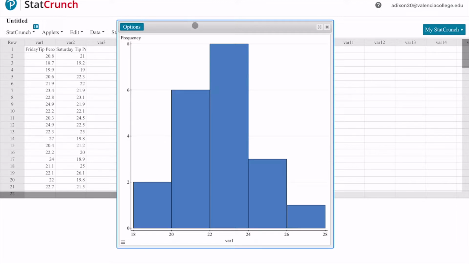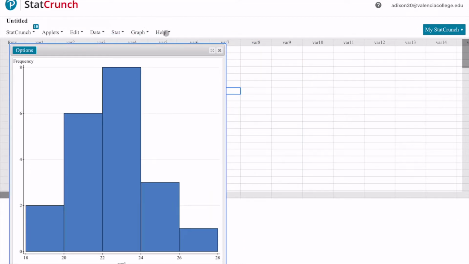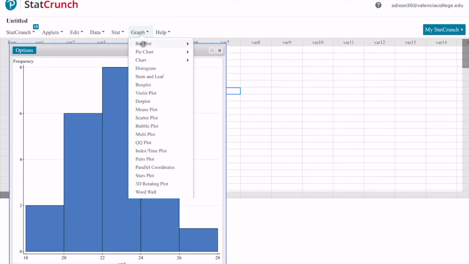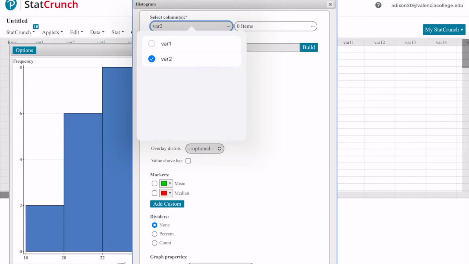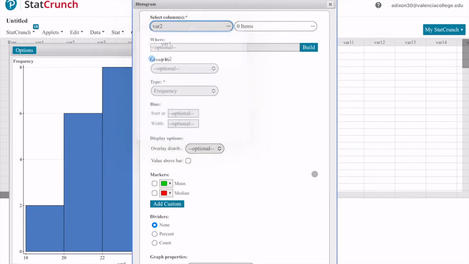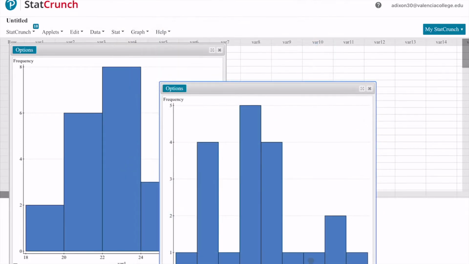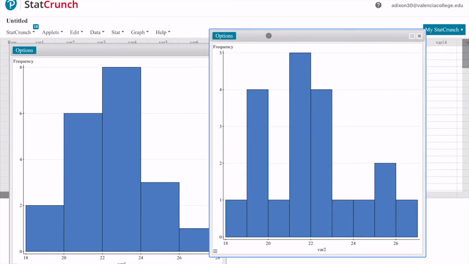That certainly looks unimodal and symmetric, right? Okay, let's look at group 2. So graph, histogram. Let's grab variable 2 and do the same thing. Let's calculate the histogram. Now here the histogram looks a little different, but roughly speaking, it doesn't have to be exactly symmetric and unimodal. But here, yeah, it looks pretty unimodal and symmetric, right?